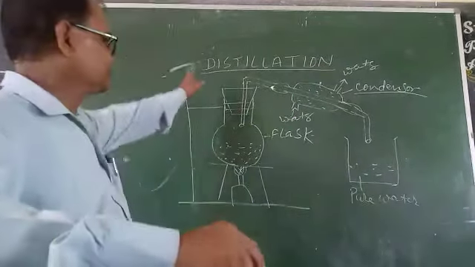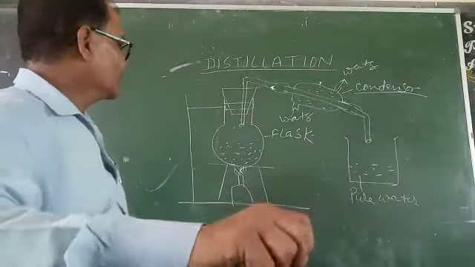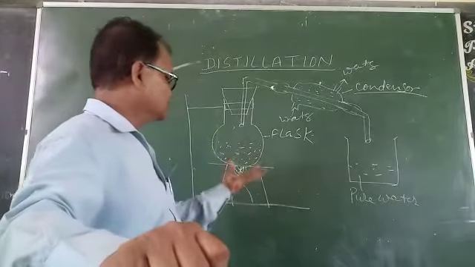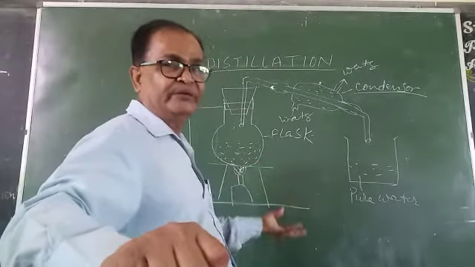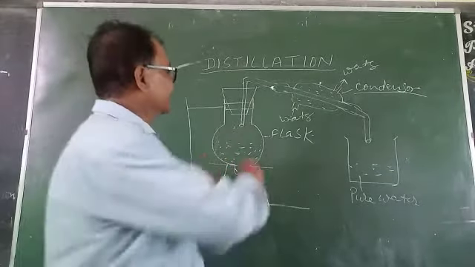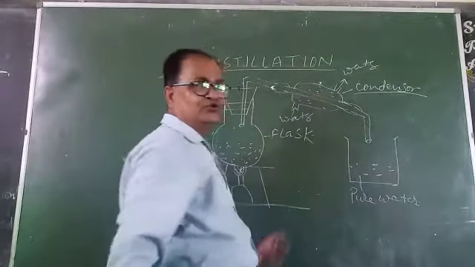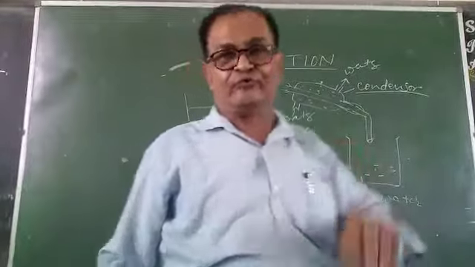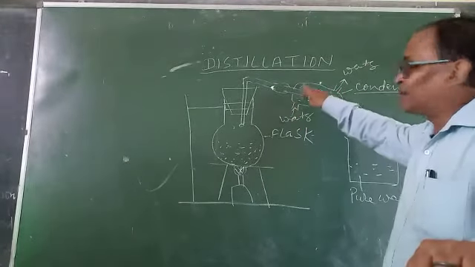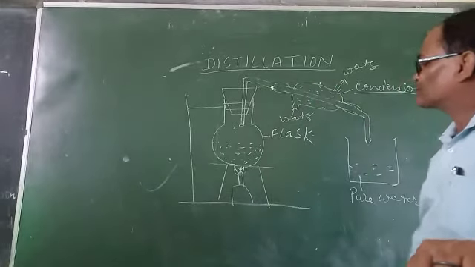See, observe this diagram. For the purpose, we take some amount of the liquid mixture in the flask and a condenser. This is condenser which is used to condense vapor into liquid. Through the condenser, cold water is supplied continuously.